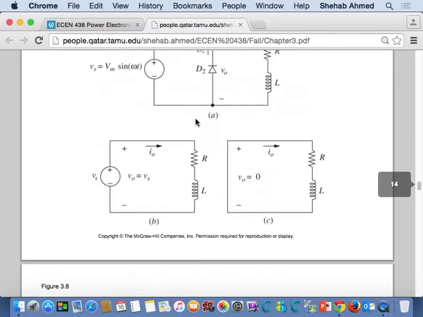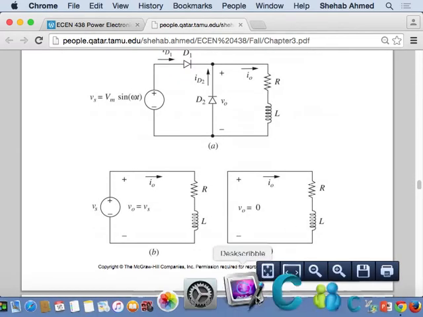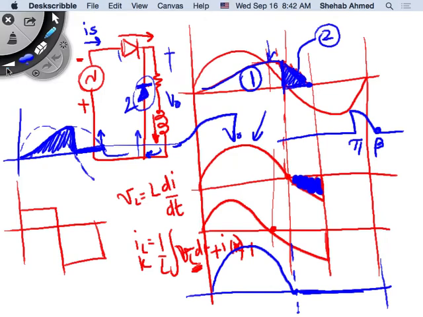How about if I keep increasing the value of L? So we drew the waveform here. Current was extinguishing at beta. If I keep increasing the value of L, what did we say will happen? Beta changes.